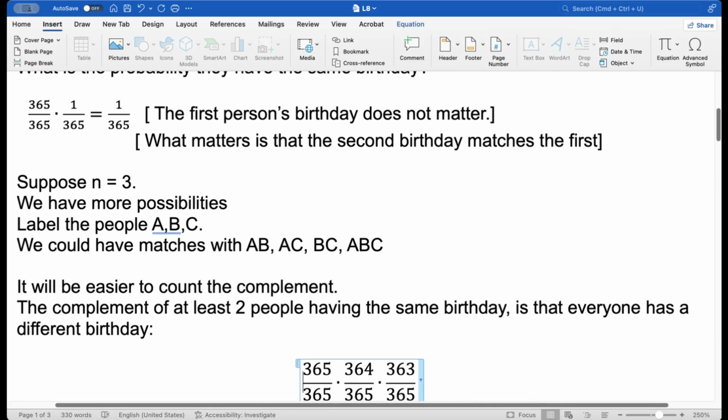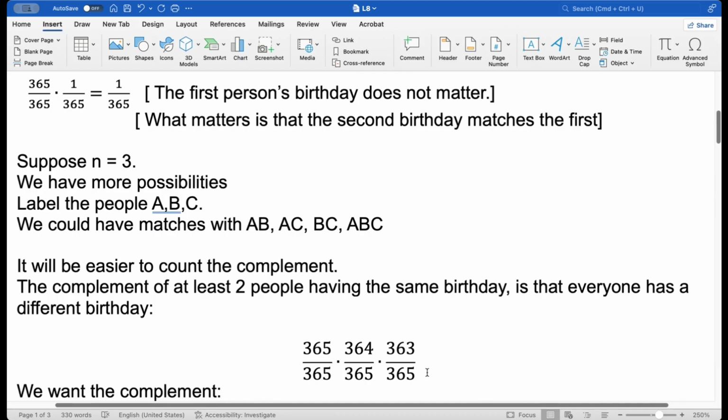So what's the probability that the three people all have a different birthday? Again, the first person doesn't matter, 365 out of 365. The second person has to avoid matching with the first person, so there are 364 ways to do that out of 365. The third person must avoid the first two, so there's 363 out of 365.